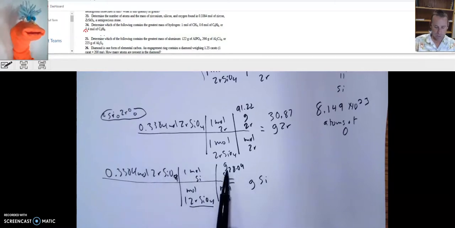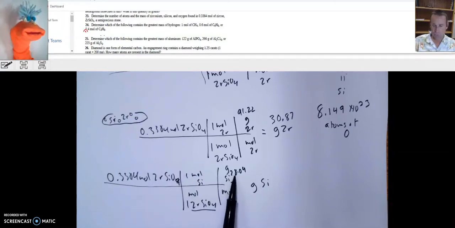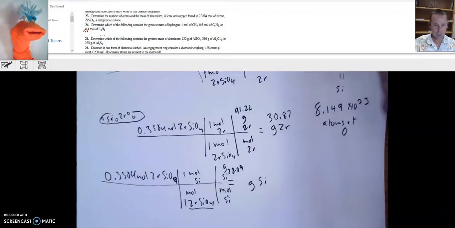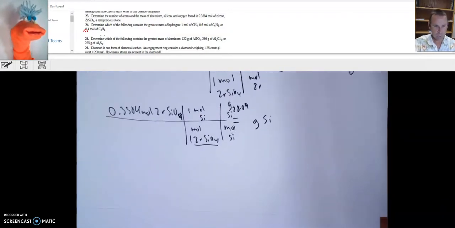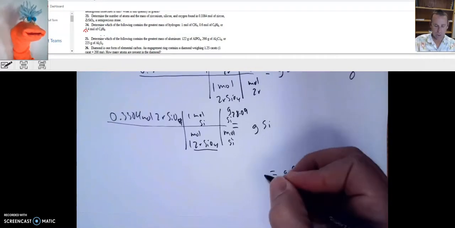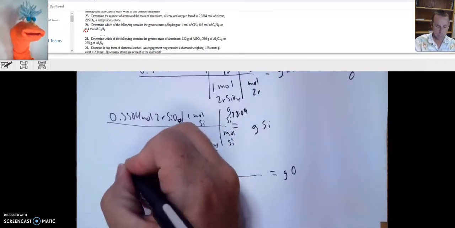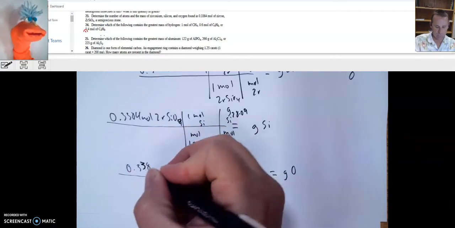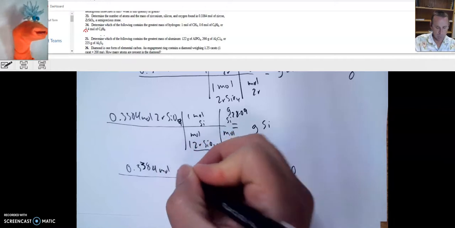So this times the 28.09 will give us the grams of silicon. All right. Grams of oxygen, very similar. If I want grams of oxygen, I start with my 0.3384 for moles.